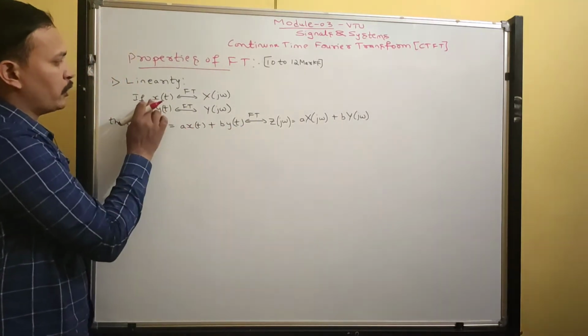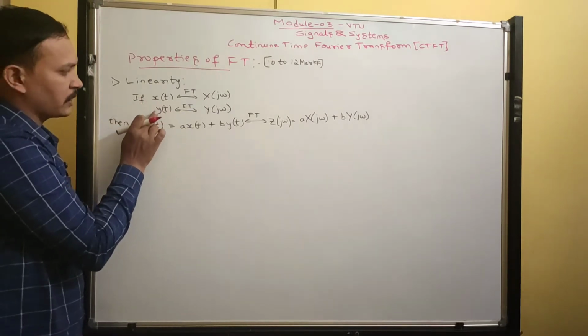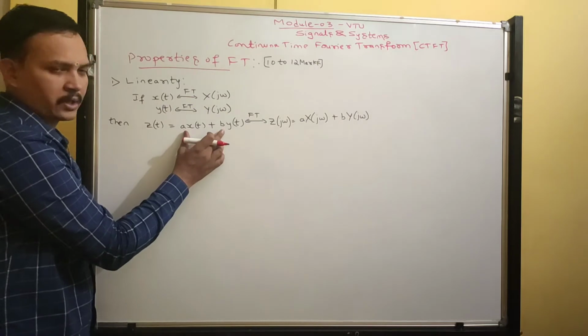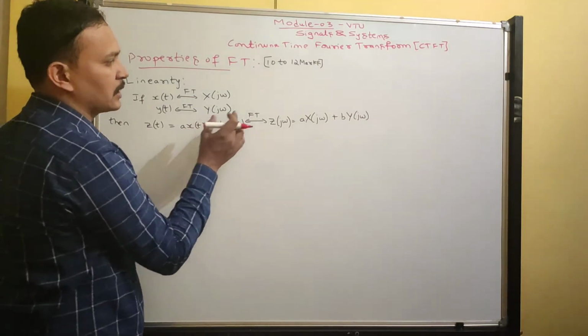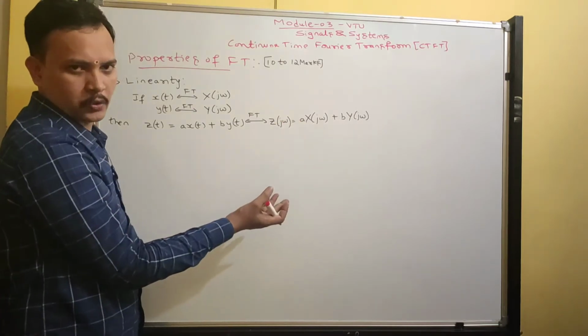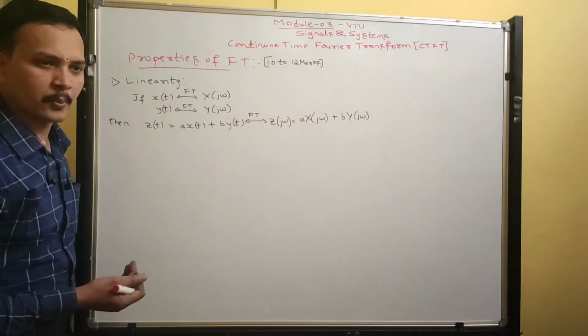So if both signals x of t and y of t are multiplied by scalar coefficients, the same thing gets multiplied in the frequency spectrum also. That is called the linearity property.